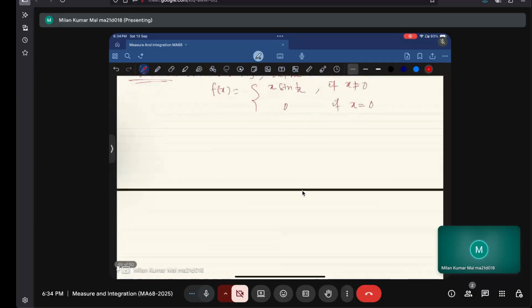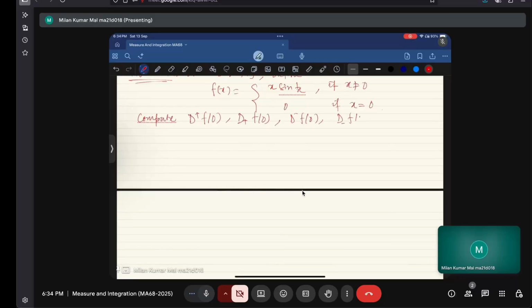Then the question is to compute d plus f at 0, d super plus f at 0, d super minus f at 0, and d sub minus f at 0.